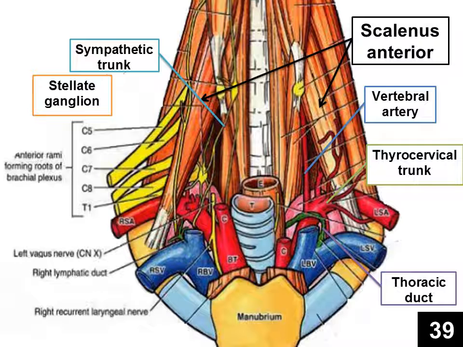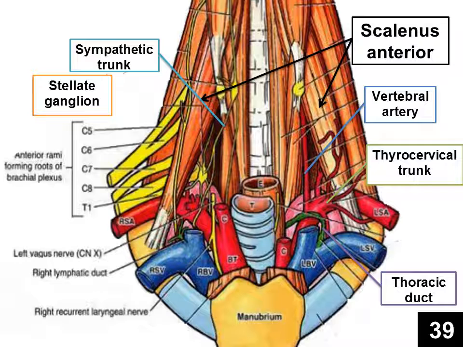Also they assist in elevation of the first rib, like scalenus anterior. Scalenus posterior, which we said is a part of the medius, is inserted into the outer surface of the second rib, and the nerve supply is the same lower cervical nerves, the ventral rami. What's the action?